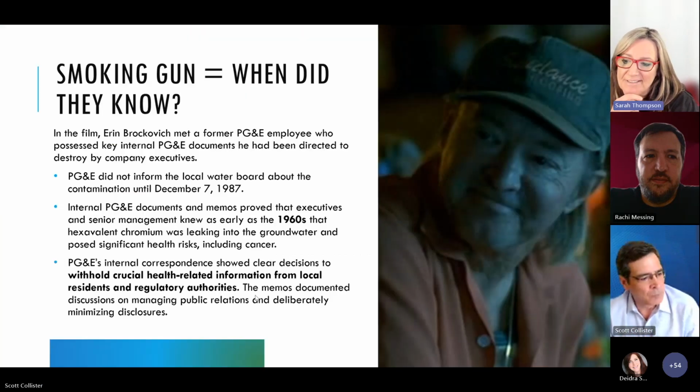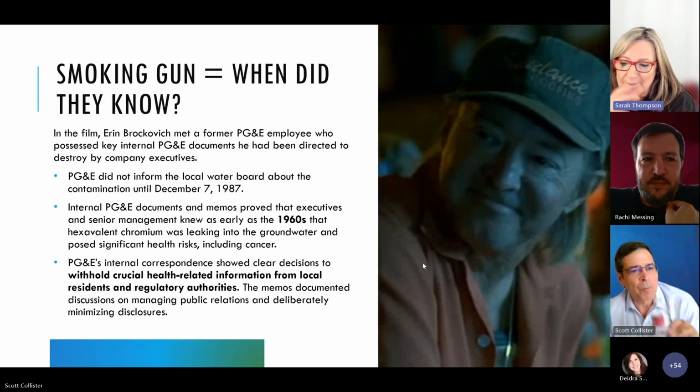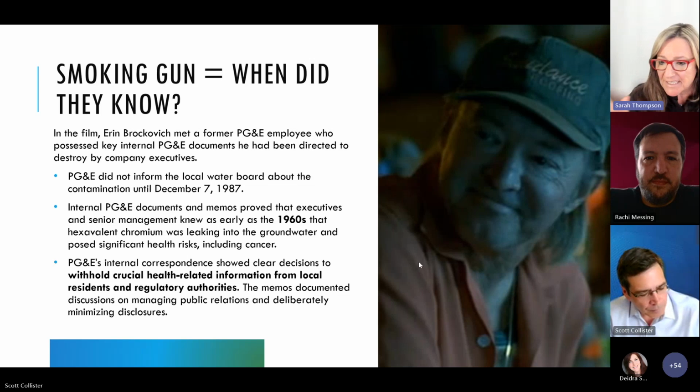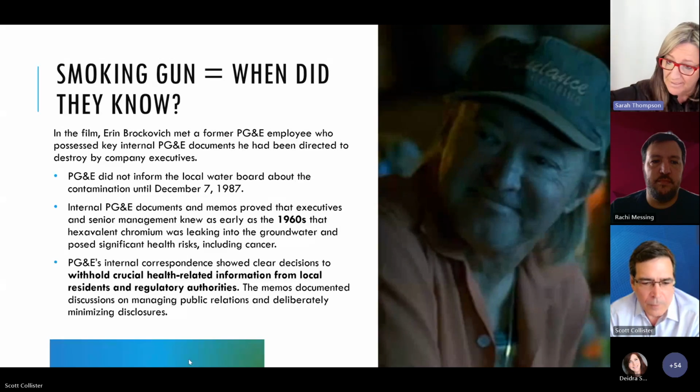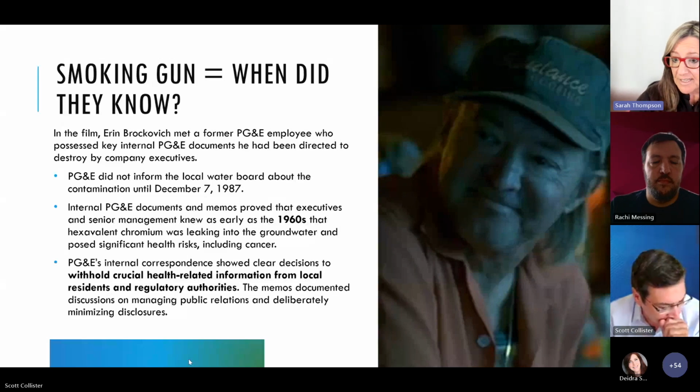I rewatched this movie last week to remember all the little facts. The big clincher of the case was that the local branch of PG&E knew they were contaminating the water and did nothing. But what Erin really needed to prove was that the corporate office of PG&E was aware of this contamination and did nothing.